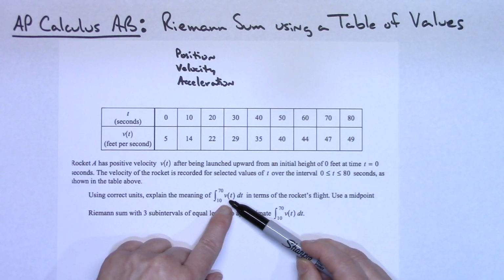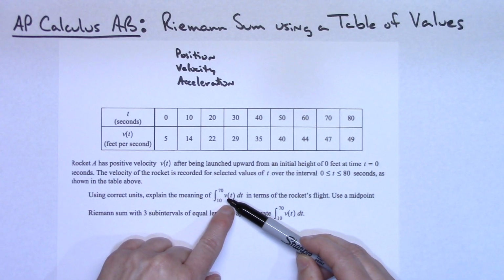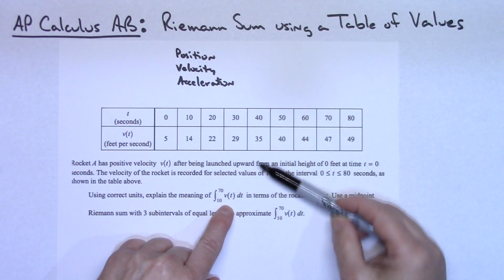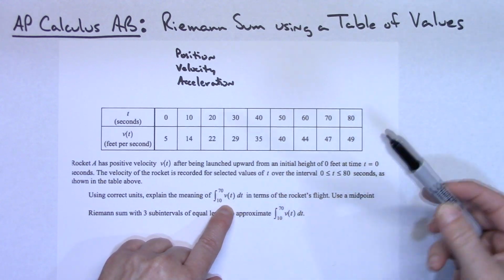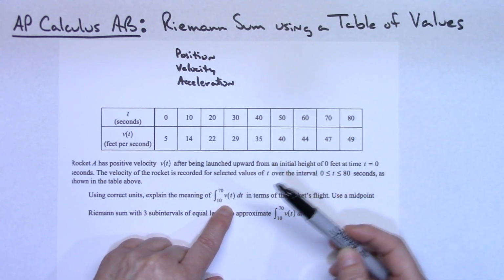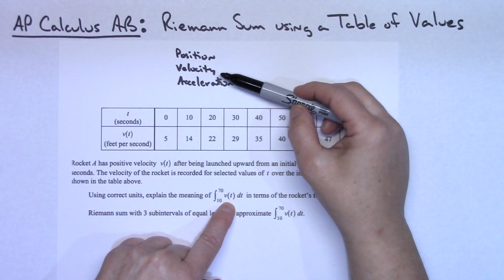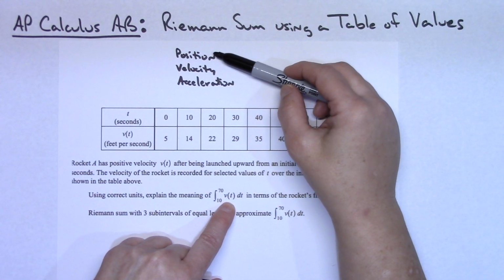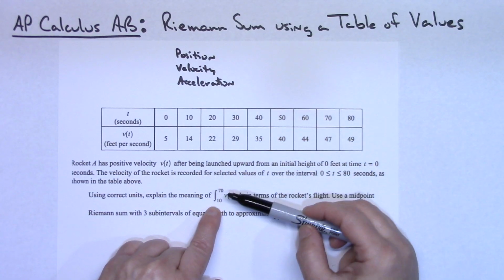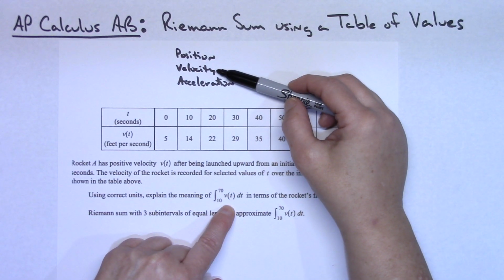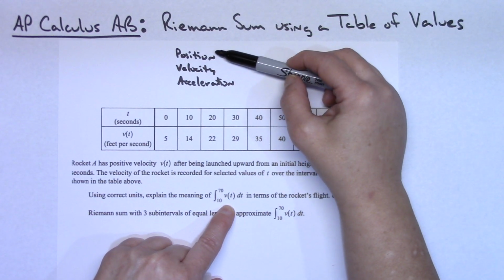Now if we recall, when we integrate the derivative of a function, it gives us back the original function because it's undoing that derivative. So if I'm integrating the velocity, which is the derivative of the position function, then I am going to get back that original position function.